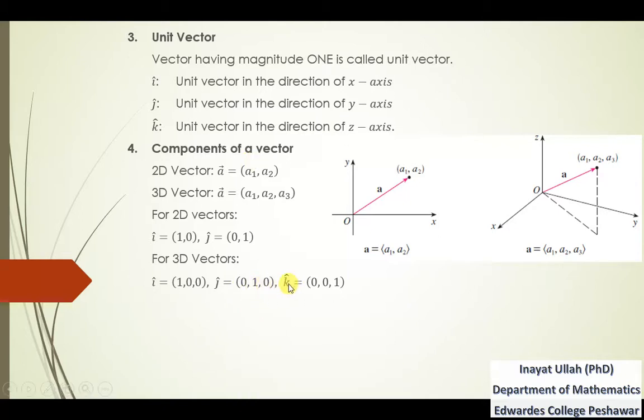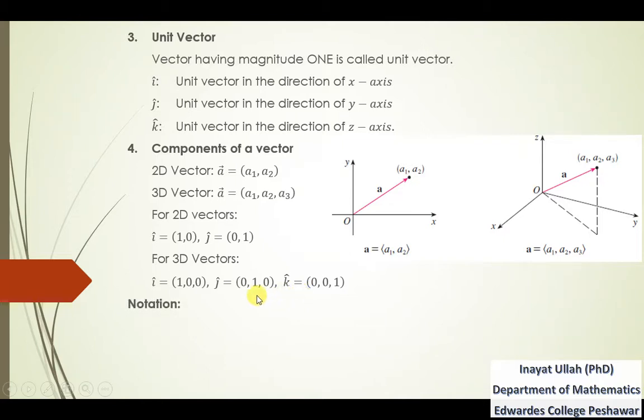And the same for k cap. The components along the x and y axes for k cap are 0, and the component along the z axis is 1. So these things are familiar to you, what i and j are, and what i, j, k are in 3D notation.